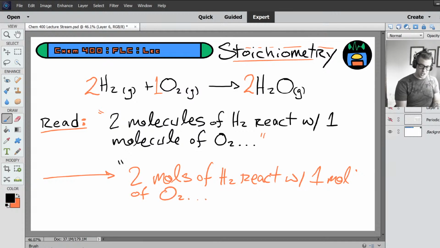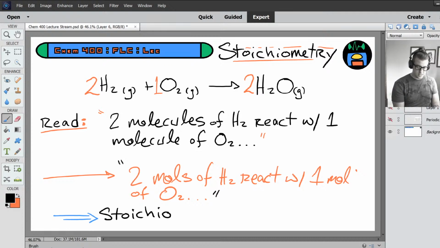All right, that is another totally valid way to read it, and I consider it a better way to read it, because, and this is the take home, your stoichiometric coefficients, which, again, by way of reminder, are these guys.